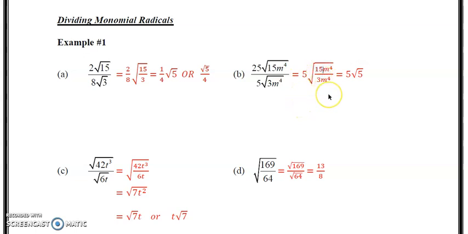The square root of 15 over 3 becomes square root 5, and because the m's have the same exponent, m to the power of 4 divided by m to the power of 4 is just 1. So that's where that disappeared, it was eliminated because it equals 1. So we end up with 5 root 5. So this whole thing is equivalent to 5 root 5.